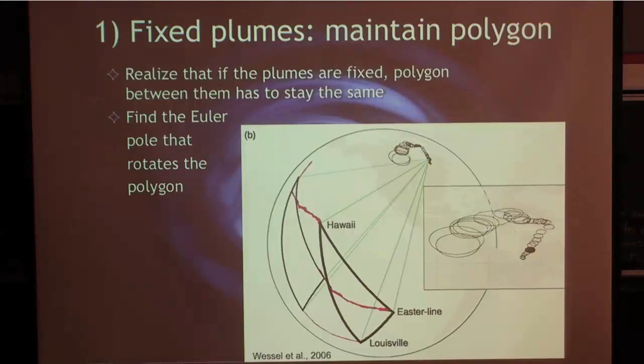You just set up the problem as, I think I know where the start of these things is. So I pick Loihi, I pick Easter Island. Louisville is a really big problem because we don't really know where that is. You just pick locations and you try and come up with your first iteration, your first model, and then that has to have a bend just to follow the Hawaiian-Emperor bend and the Louisville curve.